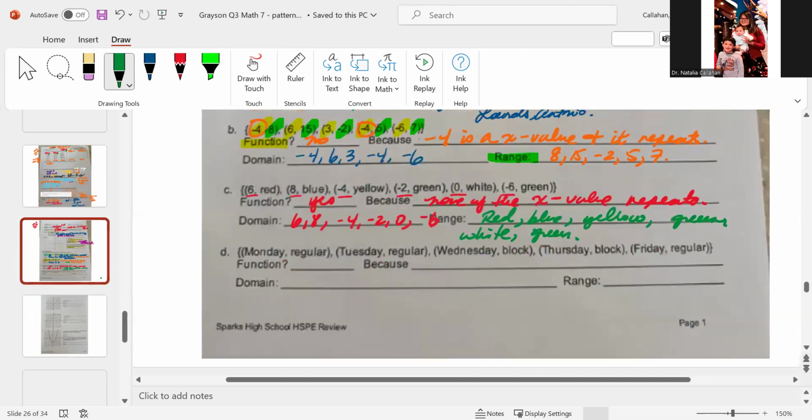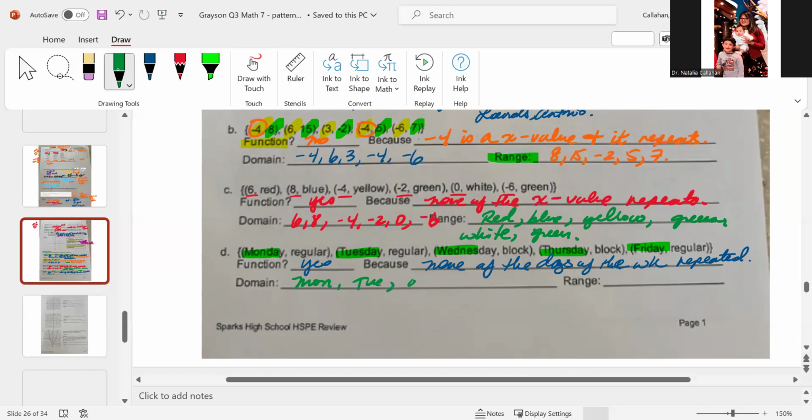D, is it a function? Let's take a look. Monday, Tuesday, Wednesday, Thursday, Friday. Yes, because none of the days of the week repeated. What are the domains?